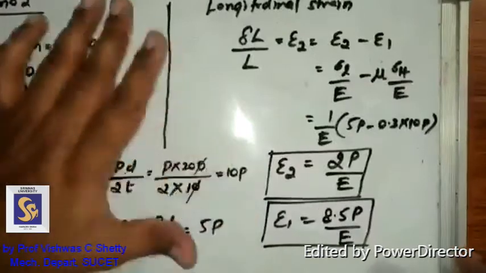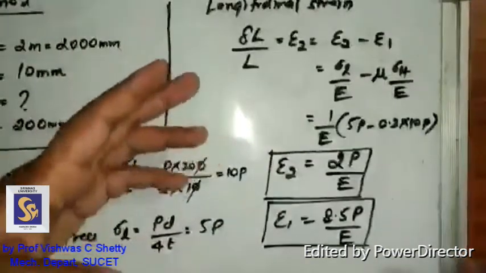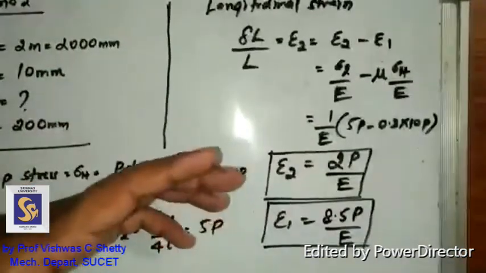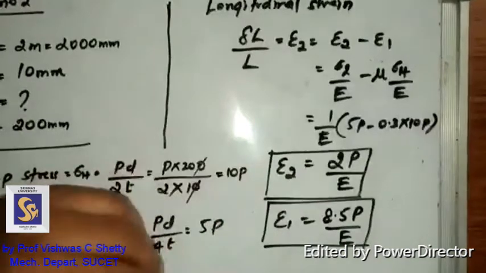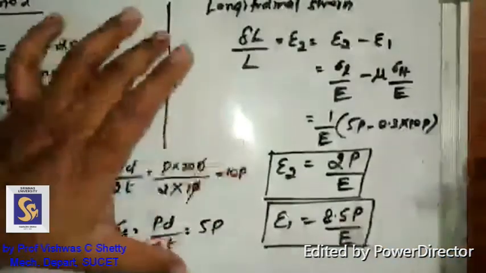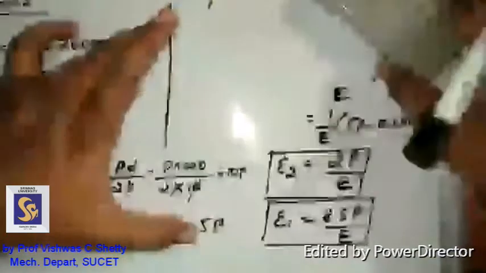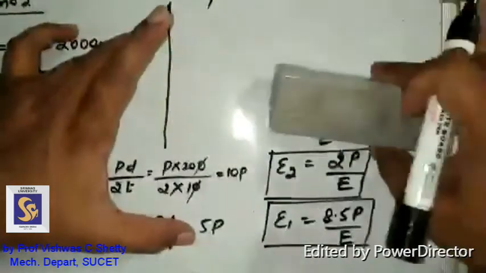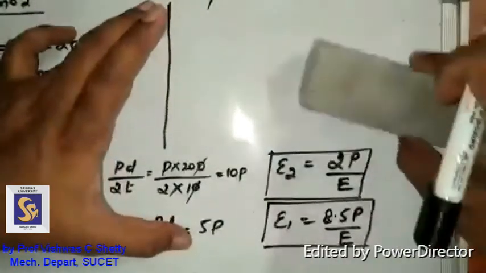Next, you know the volumetric strain. In the previous problem we have seen it. What is volumetric strain? That formula you have written in the previous class: 2 times epsilon 1 plus epsilon 2.